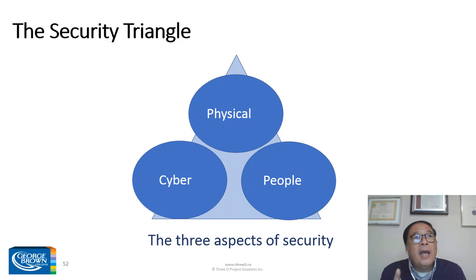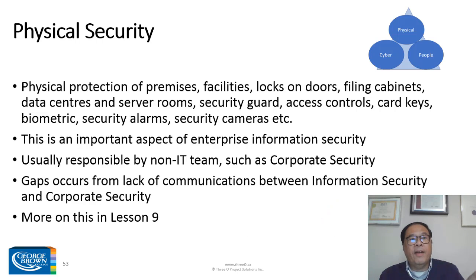But if you don't hire your people with the intention of checking their background, making sure that they don't come with a hidden agenda to come into your company with the intention of stealing information or stealing trade secrets from you, then you're missing that particular side of the security triangle. In fact, the subsequent three slides talk about that.